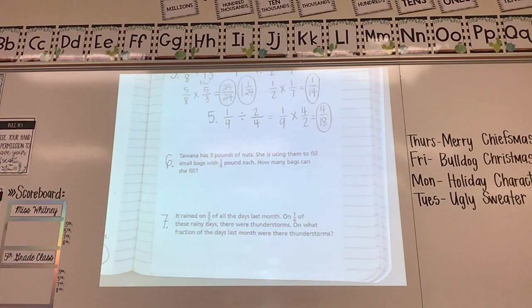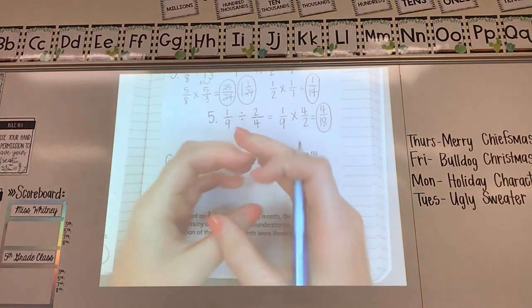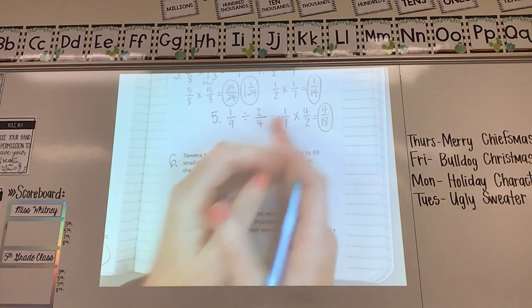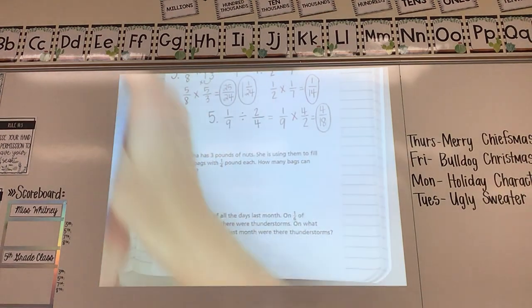Let's read number 6. Tawana has 3 pounds of nuts. She is using them to fill small bags with 1/4 pound each. How many bags can she fill? Okay, so she's gonna take her 3 pounds of nuts, all right here in a circle, and she's going to put some in this bag, some in this bag, some in this bag, some in this bag.